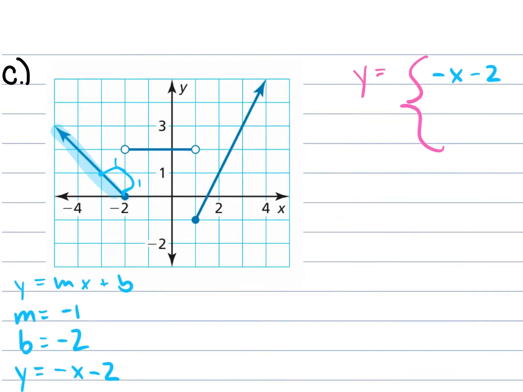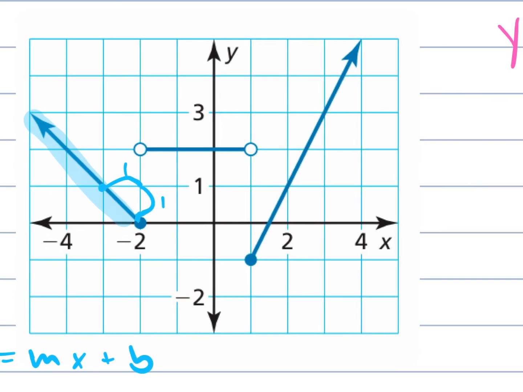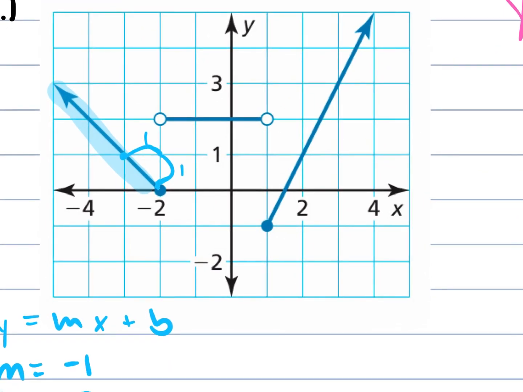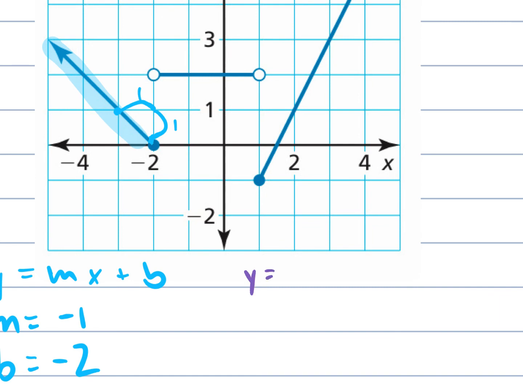All right, so let's look at our second piece. So my second piece is what type of line? Straight. It's a straight line. We call it a constant because it doesn't have any slope. So if I had y equals mx plus b, what do you think my m is? 0.